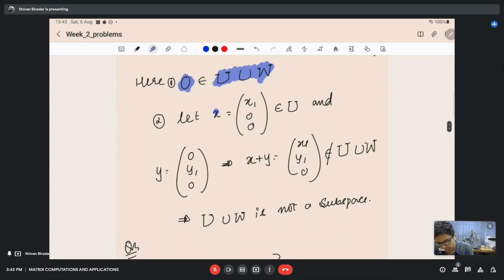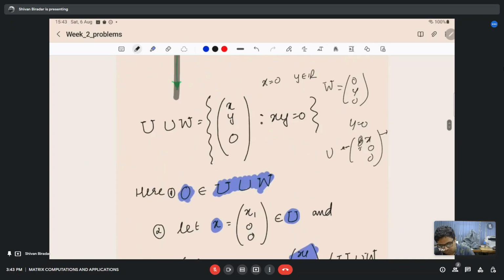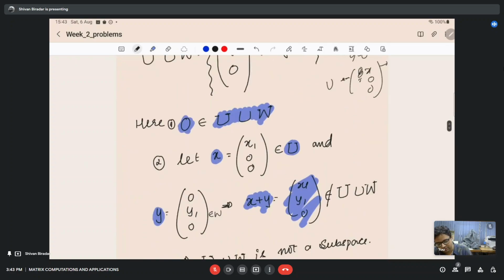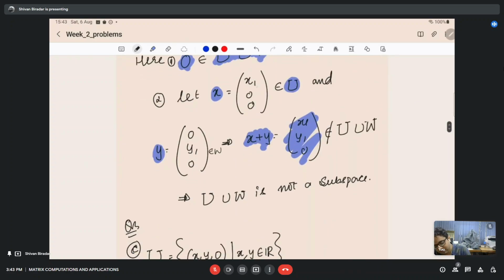So let us take a vector x which belongs to U. Let us take a vector y which belongs to W. And if I add these two vectors x and y, I'll get this type of vector. So where does this vector lie? Let us say that x1 is equal to 1 and y1 equal to 1. So I'll get 1, 1, 0.